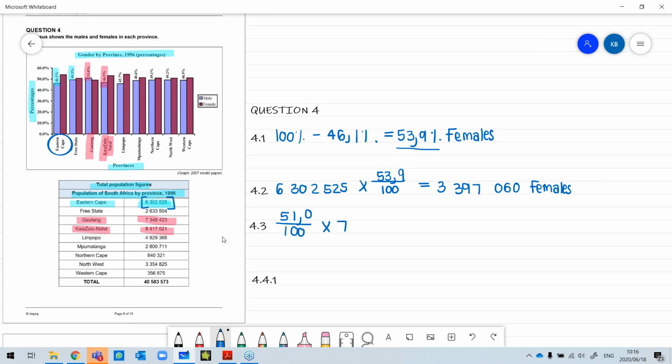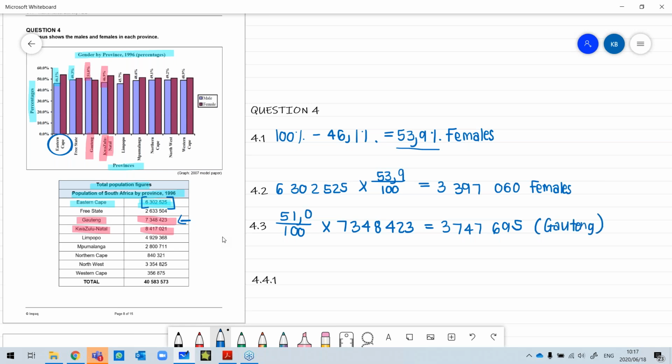We multiplied that by 7,348,423. This information comes from over here. If I type that into my calculator, it gives me an answer of 3,747,695 men. Then this is for Gauteng.